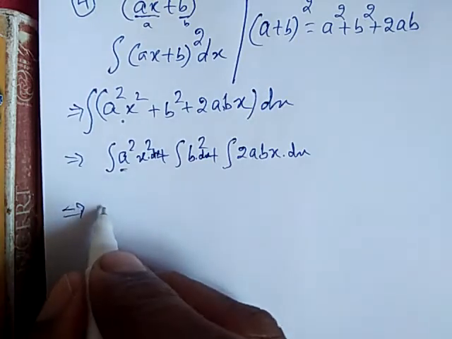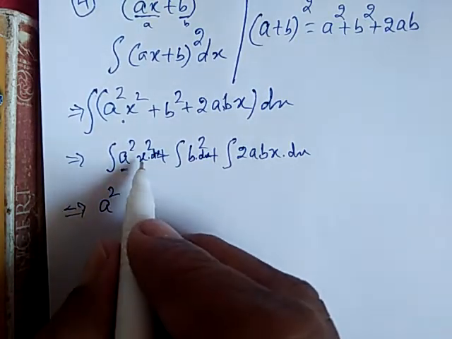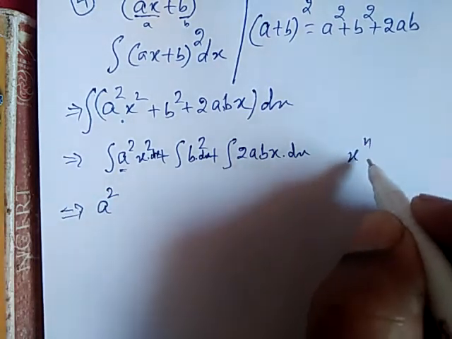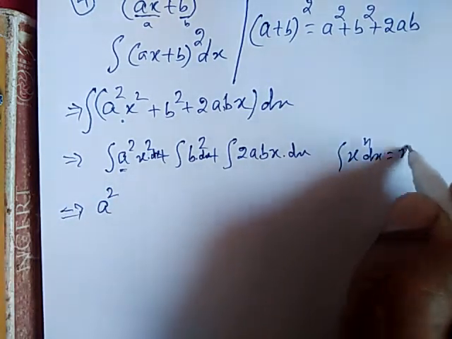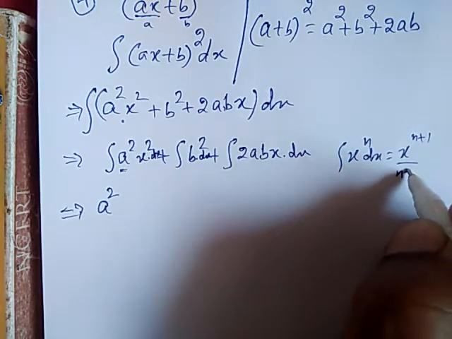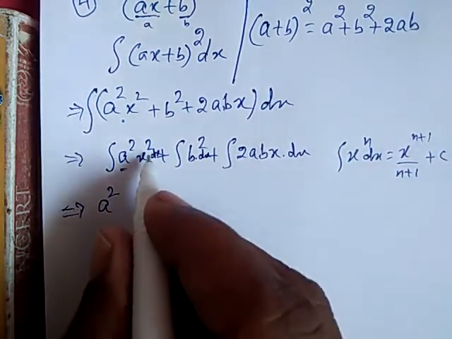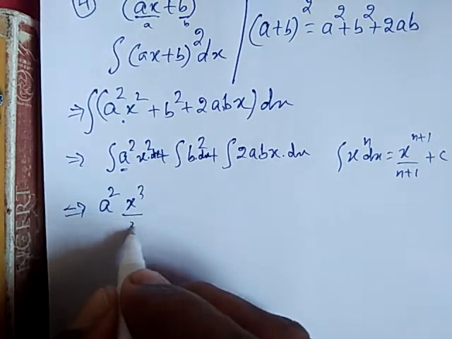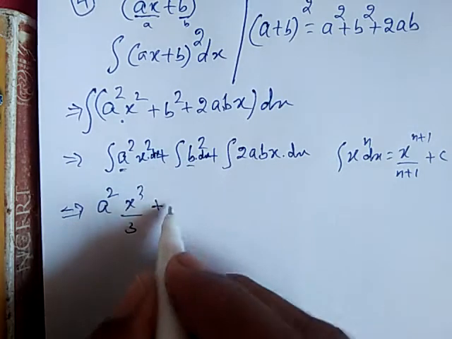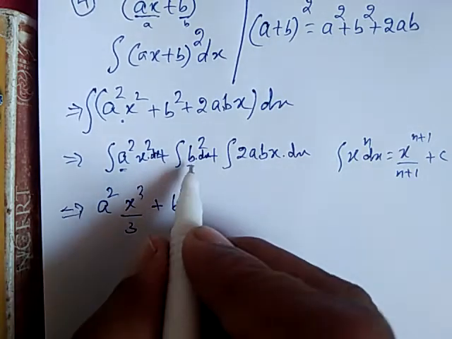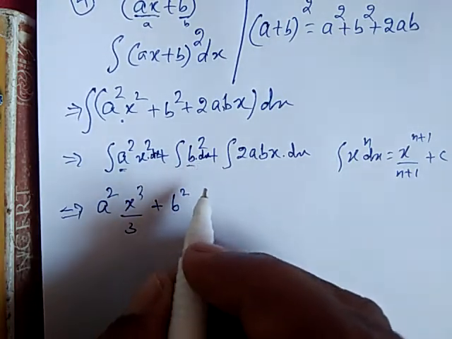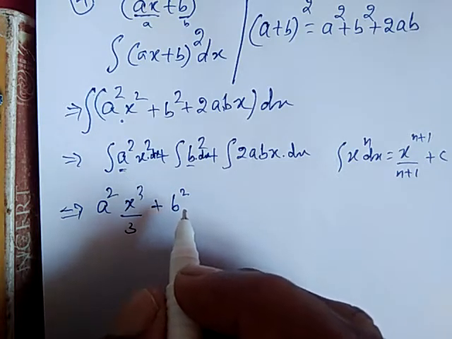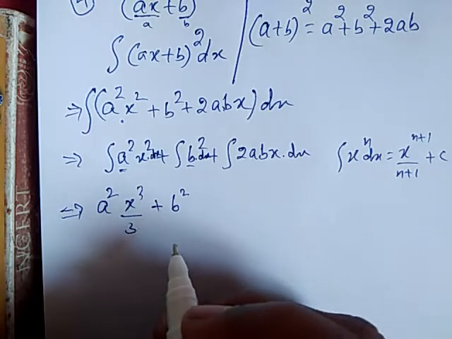a square is constant. You know x square, what is the integration of x square? Just now I told you, the integration of x to the power of n can be written as x to the power of n plus 1 divided by n plus 1 plus c. If you apply this, x square, 1 added, it will be x cube divided by 3. Plus b square is constant, so you can take b square outside.